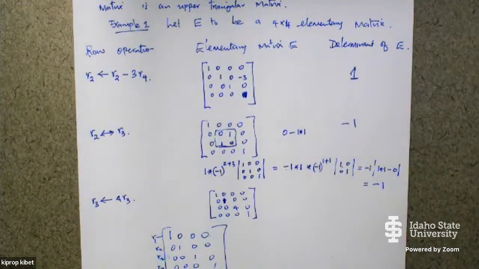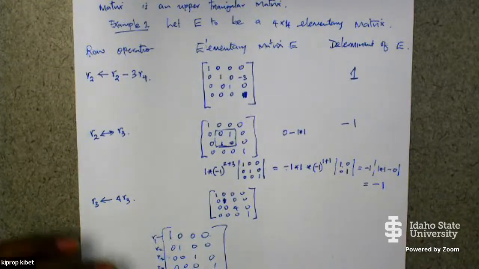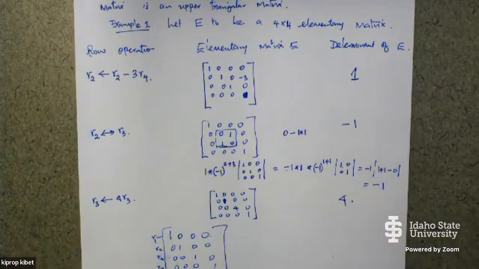So what will be our determinant? Our determinant is equals to 4, because we multiply the main diagonal. So the determinant is equals to 4.